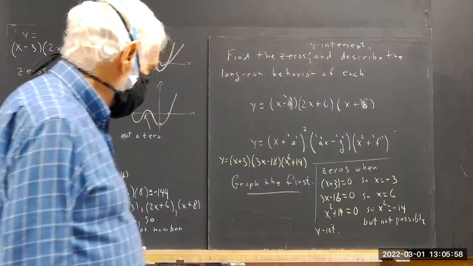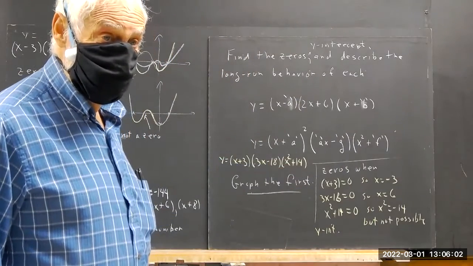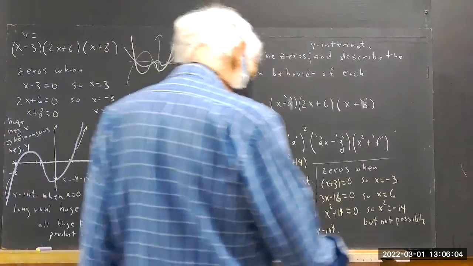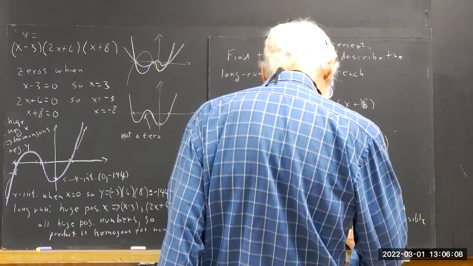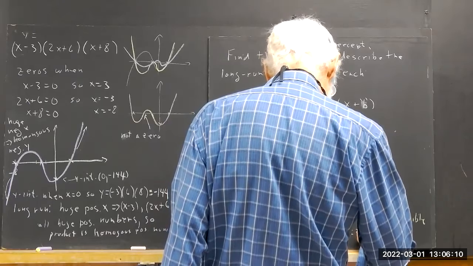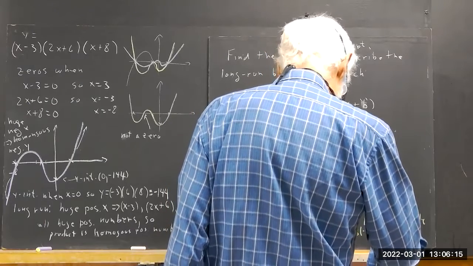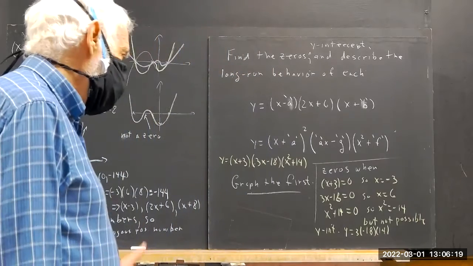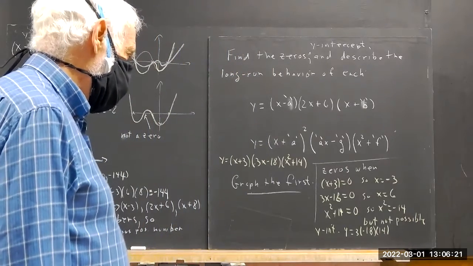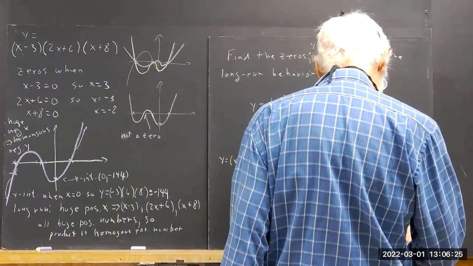Again, when x equals 0, you're going to get 3 times -18 times 14, right? And I know you're going to have to multiply that out. That's 180, 72, 252, 3 times that is 756. I think that's -756.